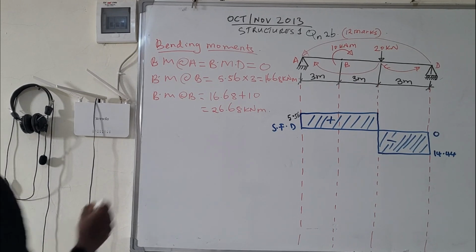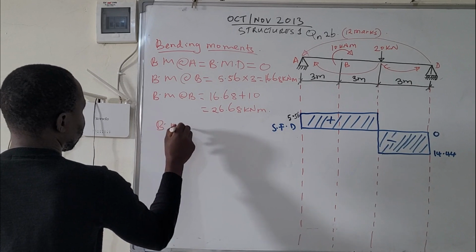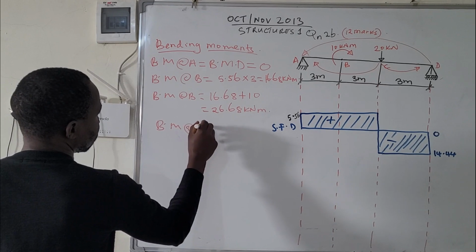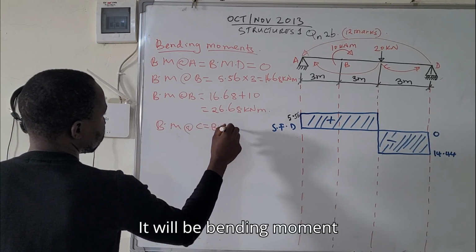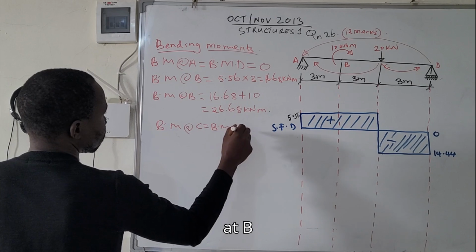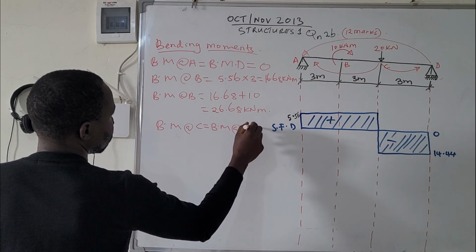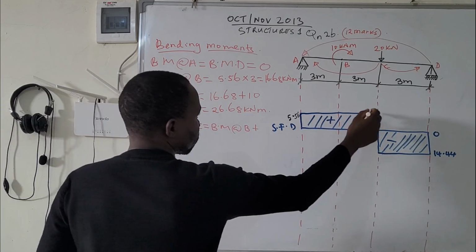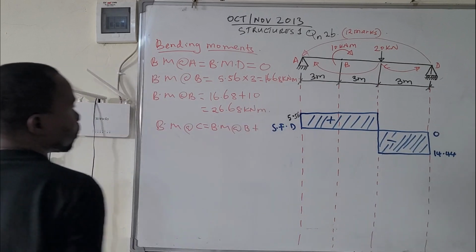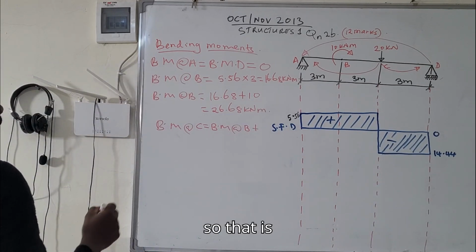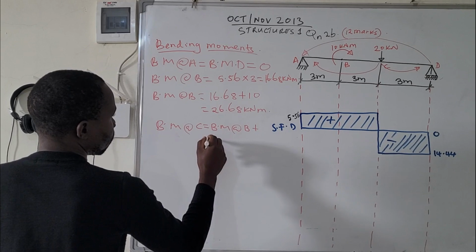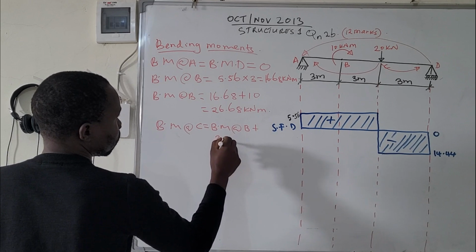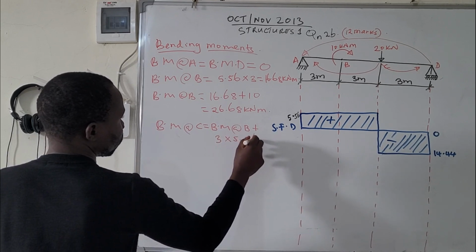Bending moment at C will be bending moment at B plus the area of this shape. So that is 3 times 5.56.